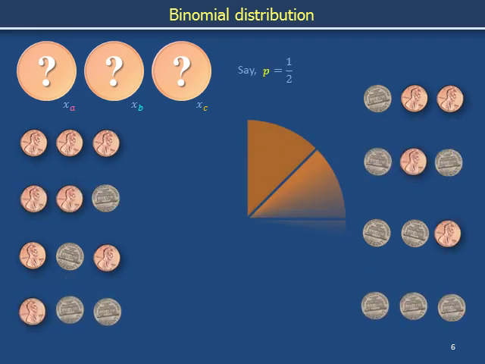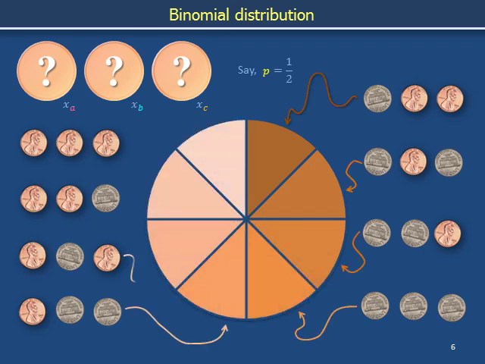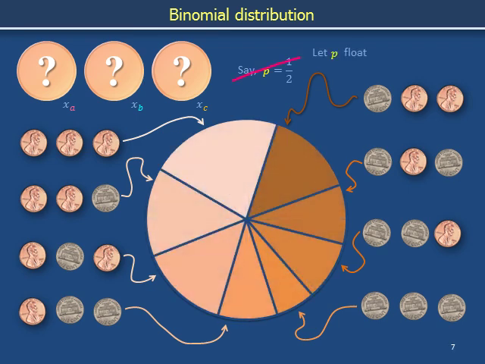If the probability of landing heads on any individual coin toss is p equals 1/2, then the probabilities for these 8 illustrated outcomes correspond to slices of a pie chart divided into equal areas. However, if p takes a value differing from 1/2, then the pie becomes biased and the areas of the slices uneven.